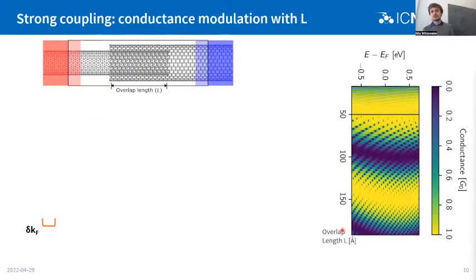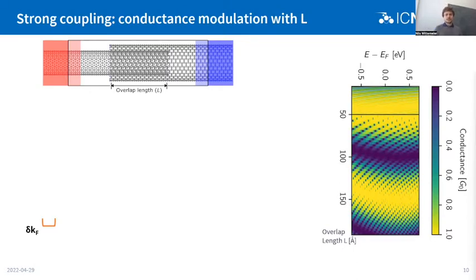What happens if we vary the overlap? Because so far we've looked at this transport setup with a fixed overlap and then looked at different energies. Well, we calculated the transmission function over and over again for different overlaps. And this trend that you can see here on the right-hand side emerges, where you have regions of large transmission, roughly 1G0, and then you have regions where the transmission is almost completely or completely blocked.